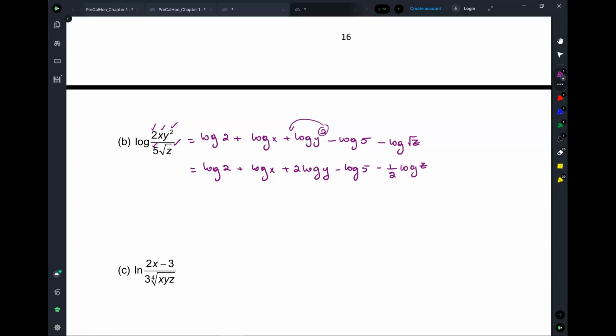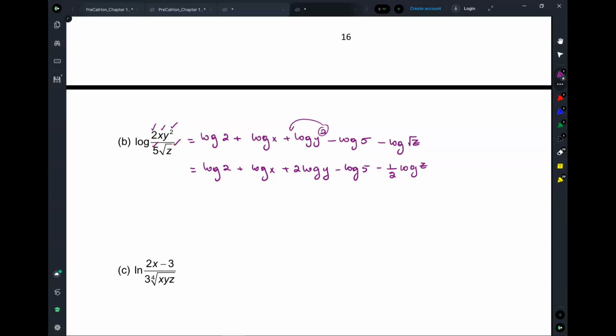Anything that's in the denominator needs a negative sign. Is z an exponent, or is it just a variable, log of z? If this was, let's say, a 4-point problem, and you just stopped after the first step, you would only get half the points, because you didn't do that second step. You didn't do the power rule, right?